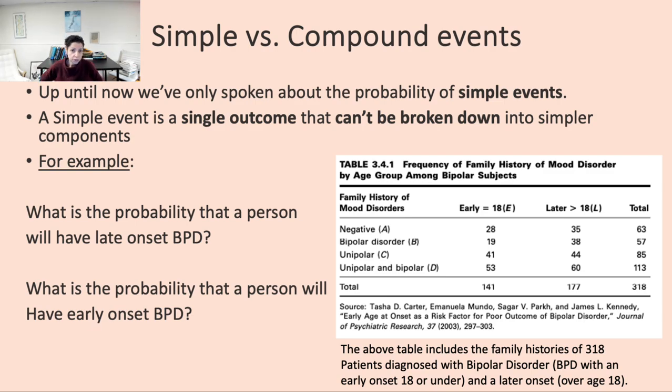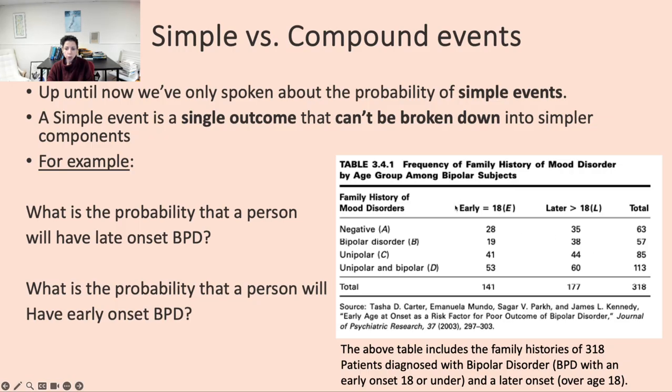Okay? So for example, here we've got a table that includes the family histories of about 318 patients that were diagnosed with bipolar disorder, or BPD, that either had an early onset, meaning they developed the disorder at 18 years or younger, or a later onset after the age of 18. We'll see this table come up in several examples, but we have a total number of participants of 318.